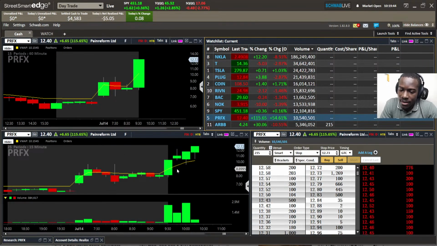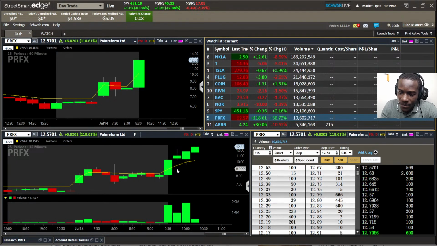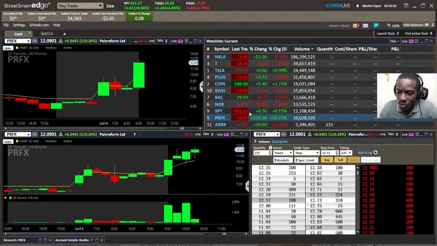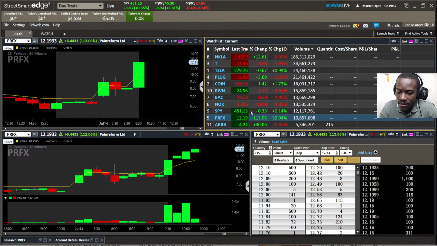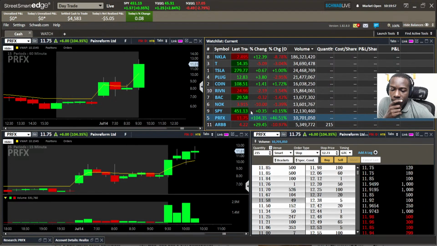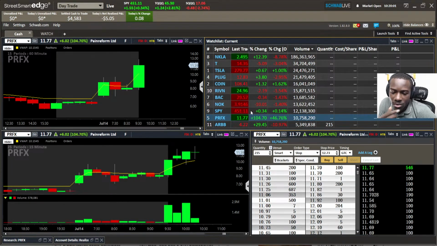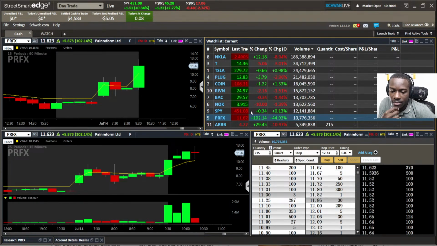PRFX opening up higher, going with the wind. Absolutely ripping, monster moves out there. Ooh, taking somebody's shoes right there. Okay.